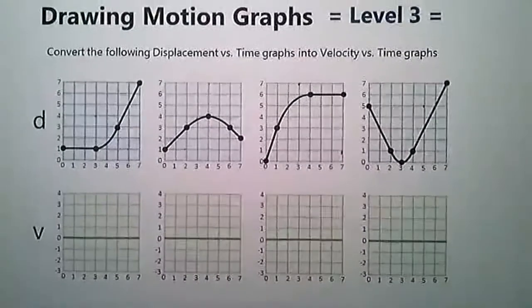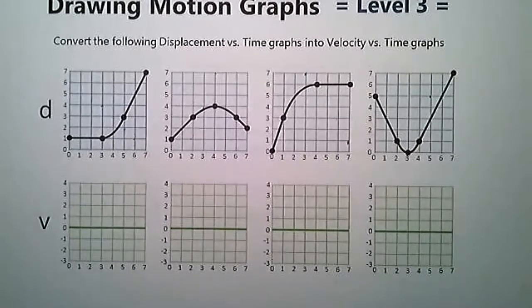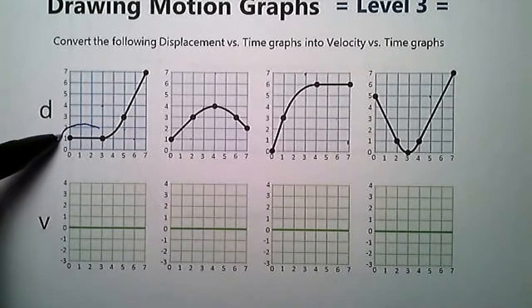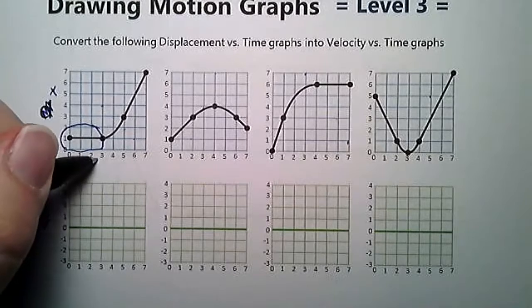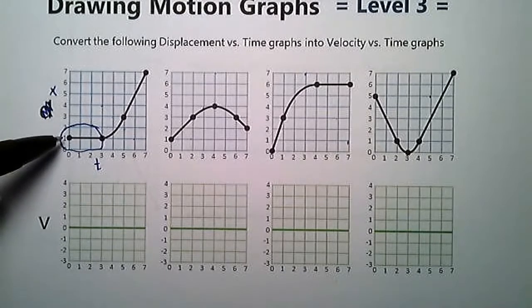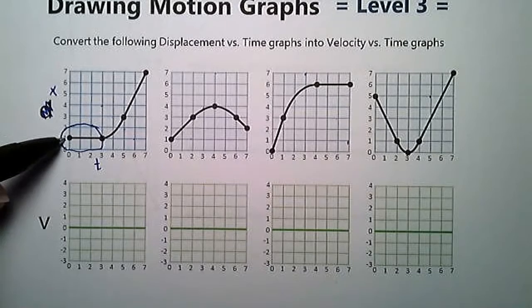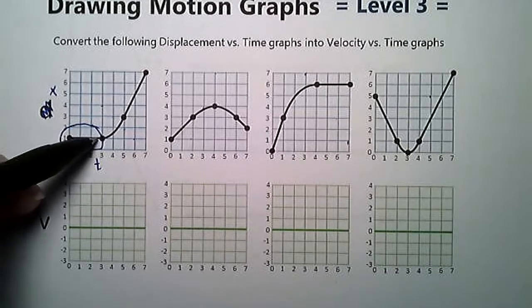Now, how is this one different than the last one? Well, I don't see just straight lines on this one. Although I do see some straight lines. So if I look at the first one, I see a straight horizontal line here on the displacement versus time graph. What does a horizontal line on the displacement graph mean? Well, it means my position stayed at 1 meter for those 3 seconds right there.